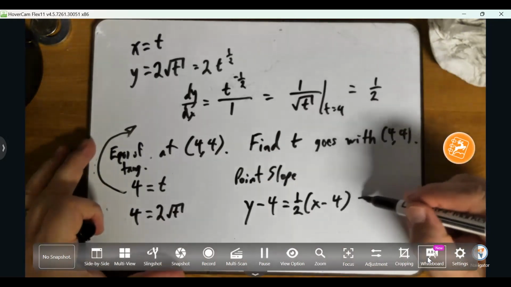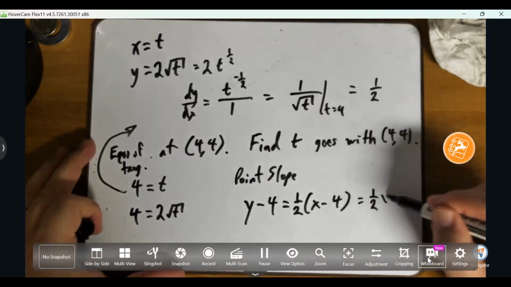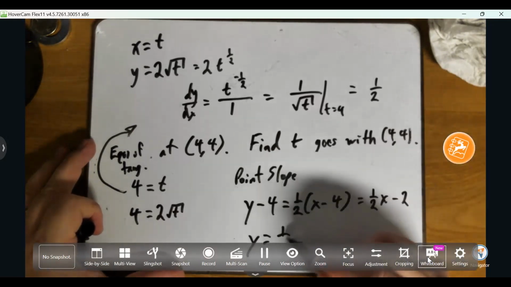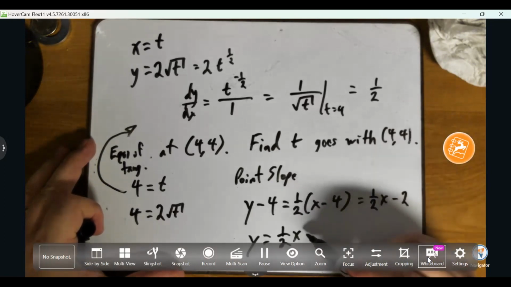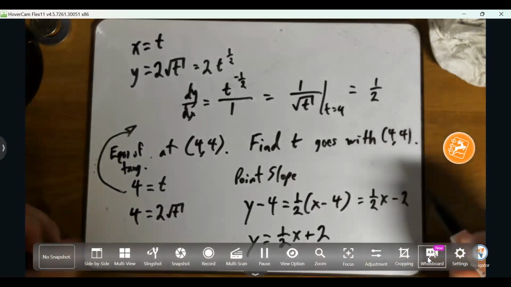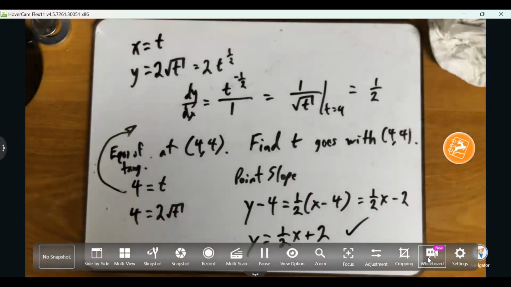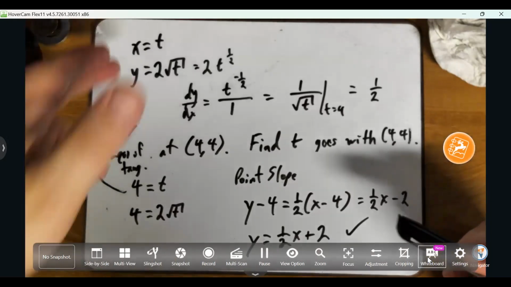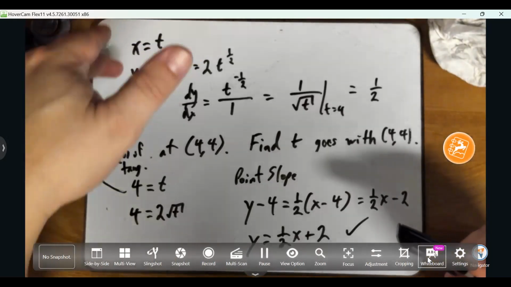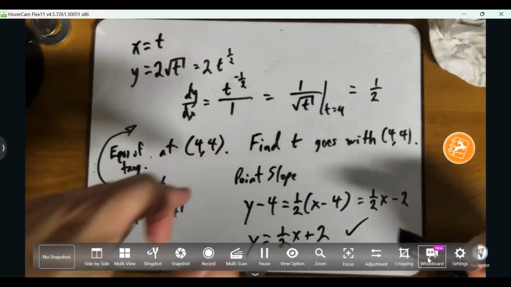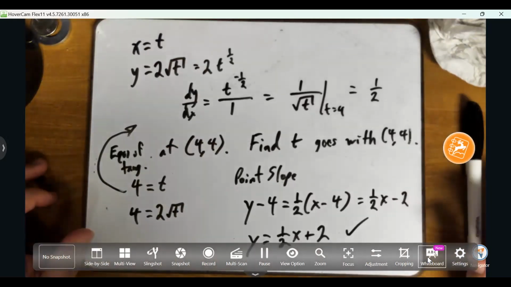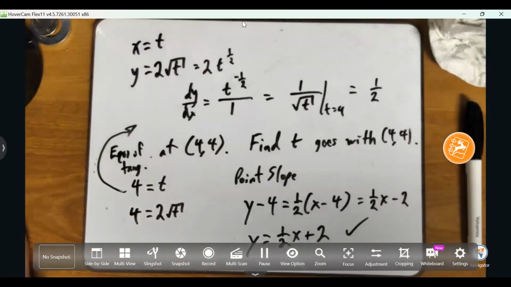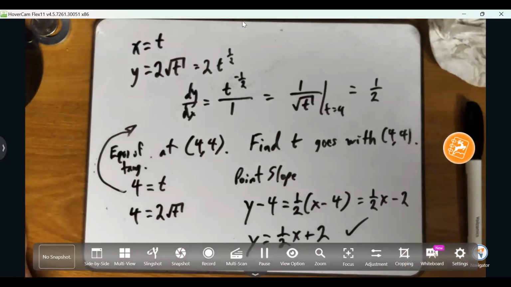So in this case, I get y equals 1/2 x plus 2, and that's the equation of the tangent line to the parametric curve x equals t, y equals 2 root t at the point 4, 4. Or when t equals 4, equivalent question.